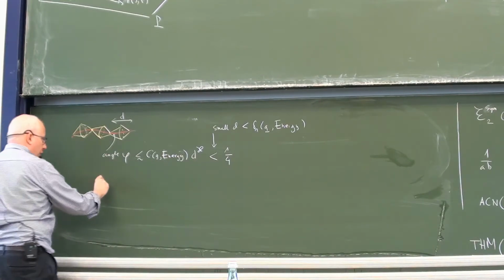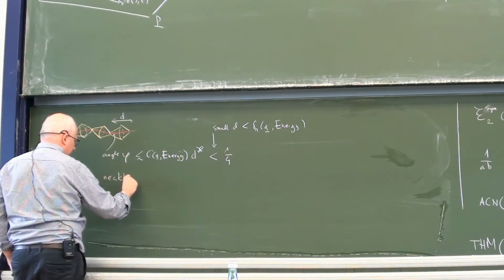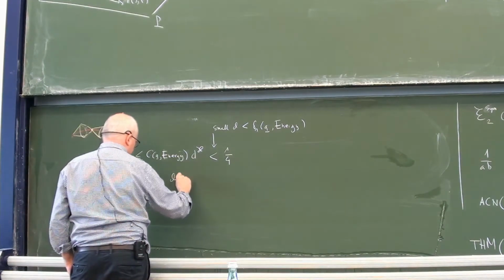So you have whole, we started calling it at a certain moment, necklaces of double cones.